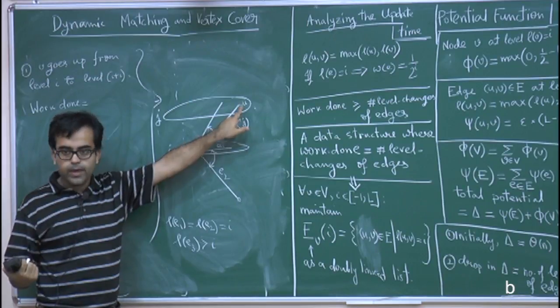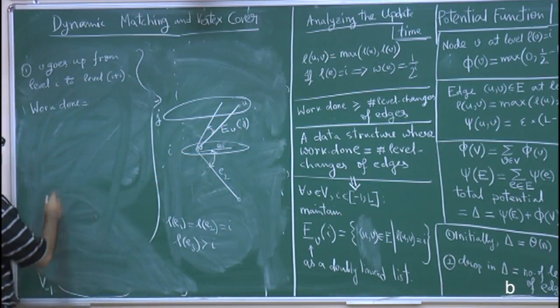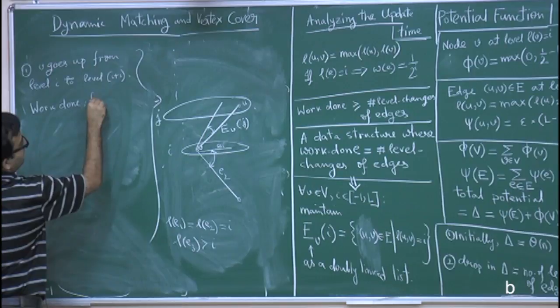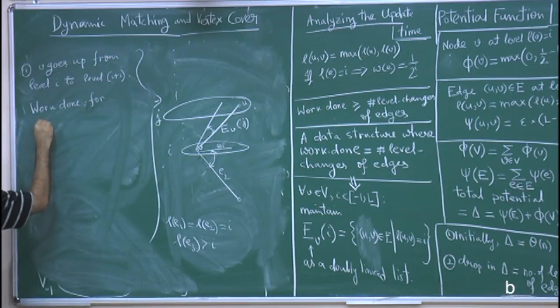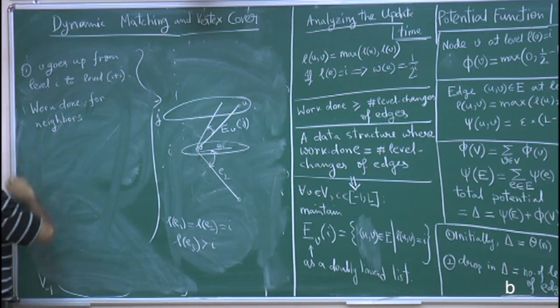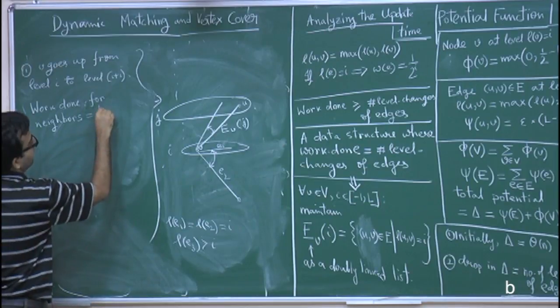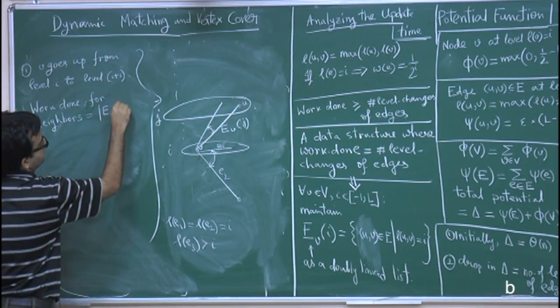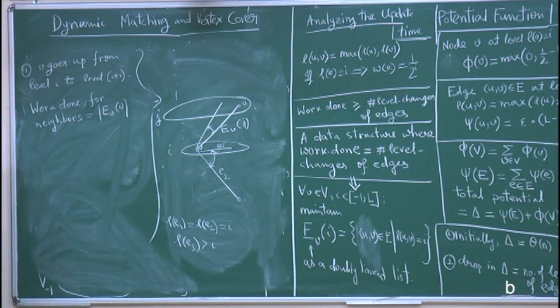Okay. So, as far as the neighbors are concerned, work done for neighbors means how much work you will do to update the neighbors' lists. That is going to be the size of this list, EV of I. And how will you do that?